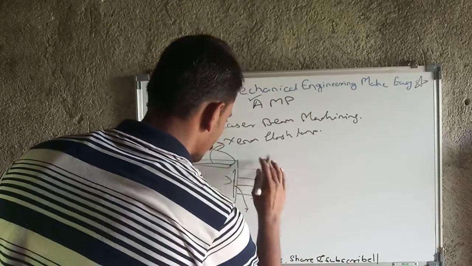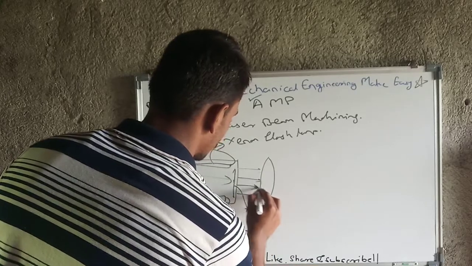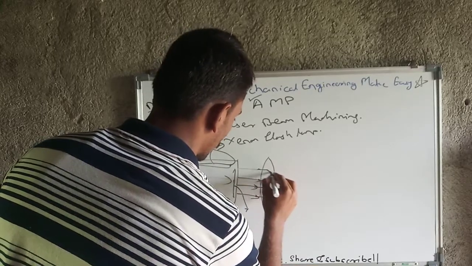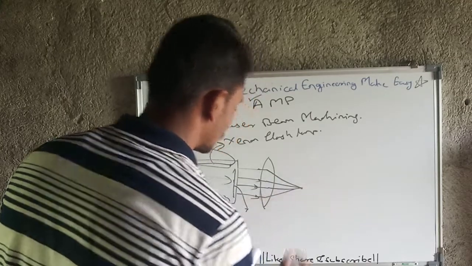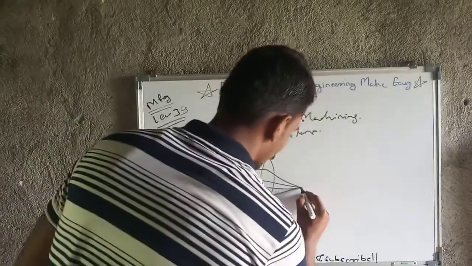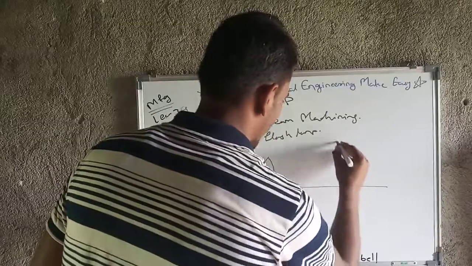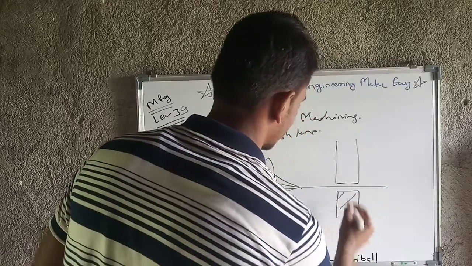For that we are going to use one lens here. From that lens we will be able to concentrate all the rays at one point, and after that one ray will pass, and that will make the hole in the workpiece, or machining.